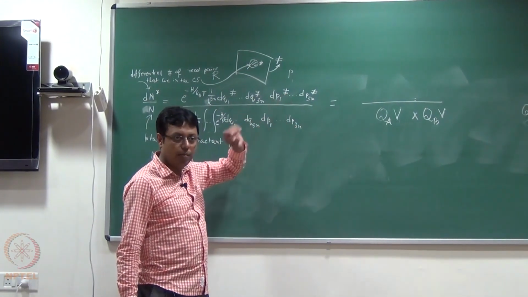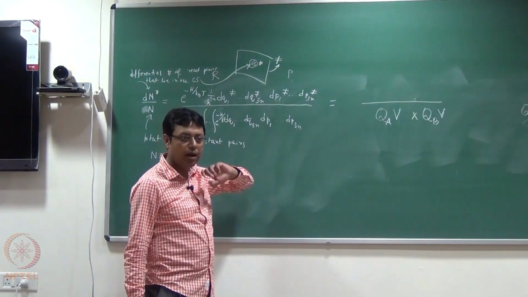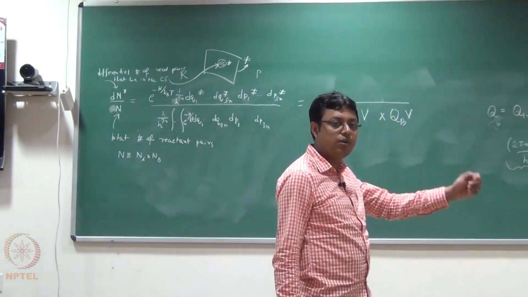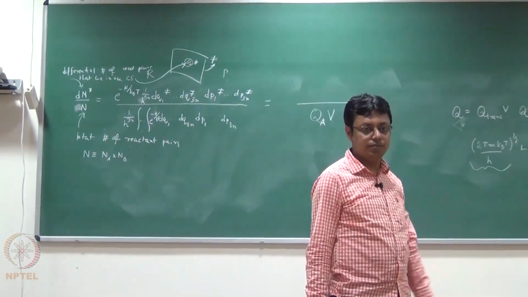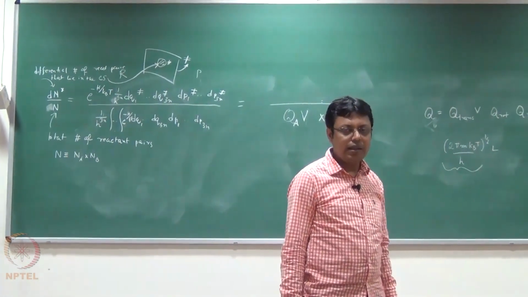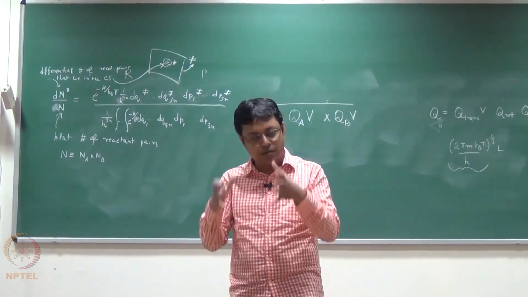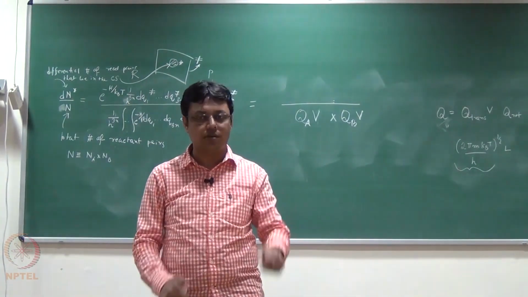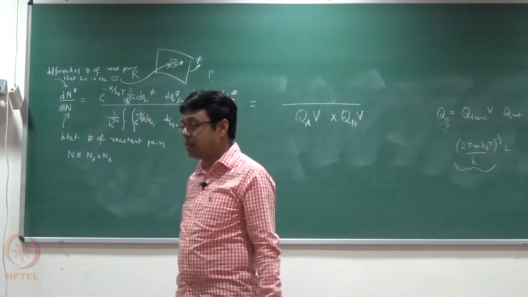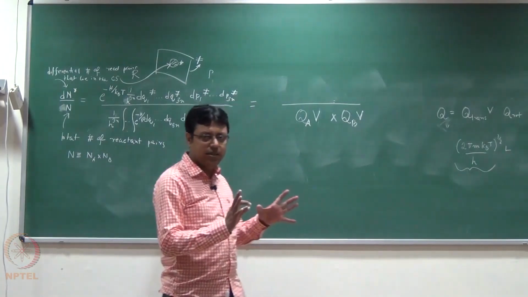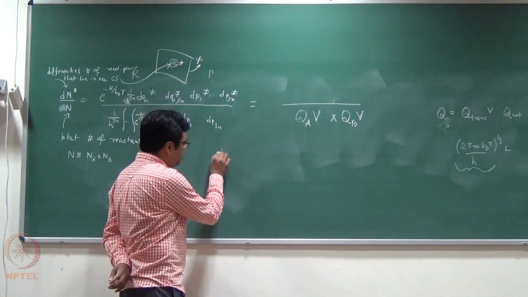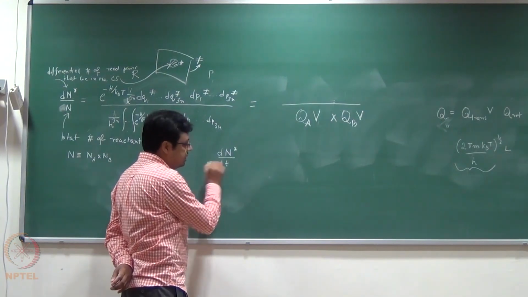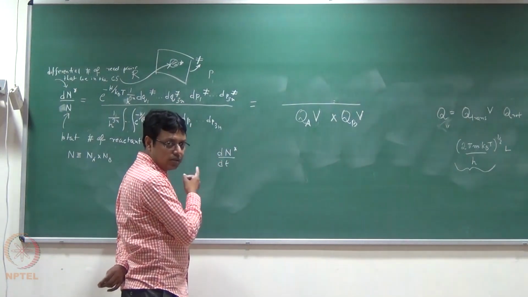Then I am asking the second question: what is the rate at which they are crossing the surface? That will be the number of molecules which are there, and the speed at which they are crossing. The rate will be somehow related to this quantity dn star dt, how they are crossing.